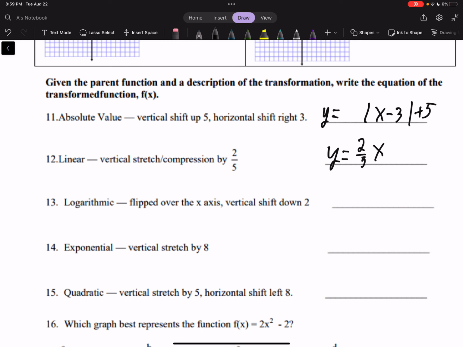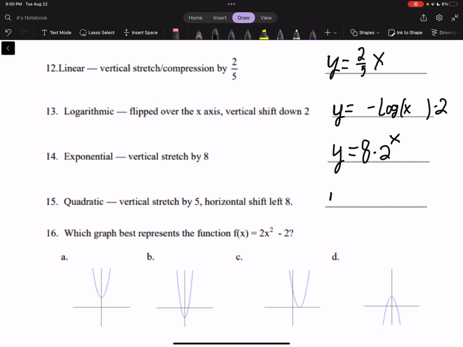Logarithmic, y is equal to log of x, flipped over the x-axis, negative, shifted down 2. Exponential, there's the parent function, stretched by 8, 8 times it. Quadratic, x squared, a vertical stretch by 5, a horizontal shift left 8, so +8 inside.